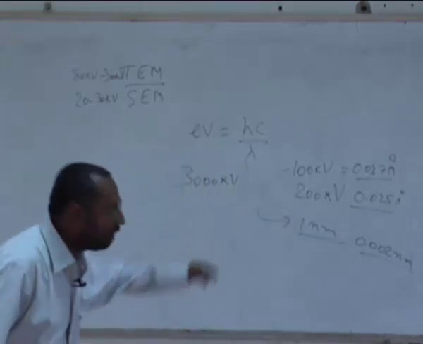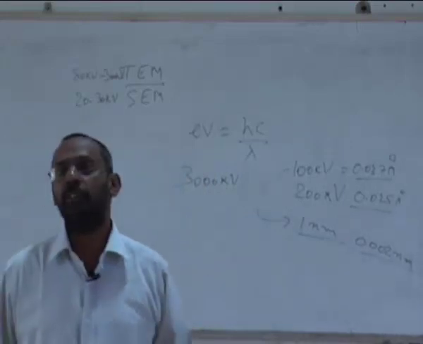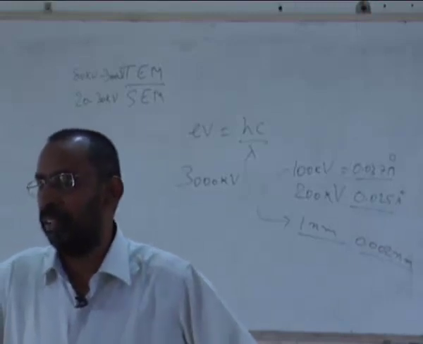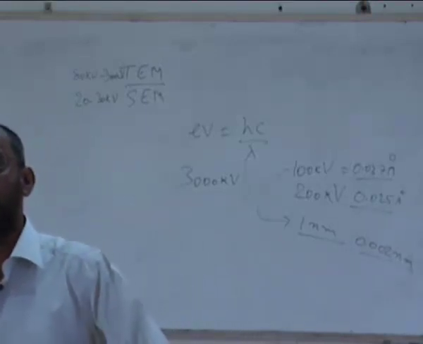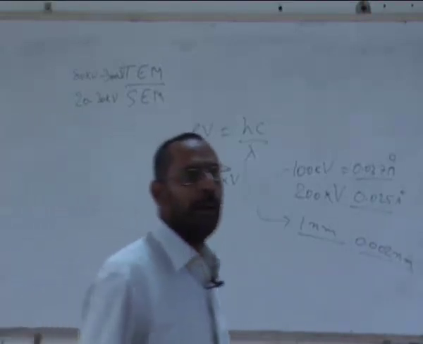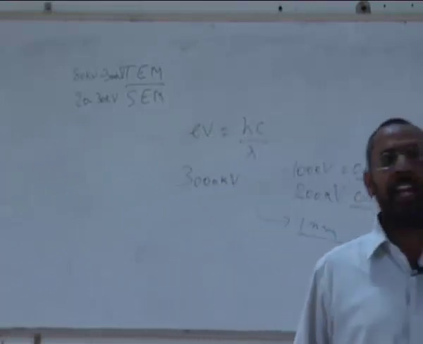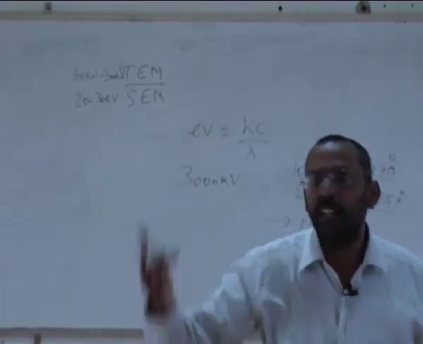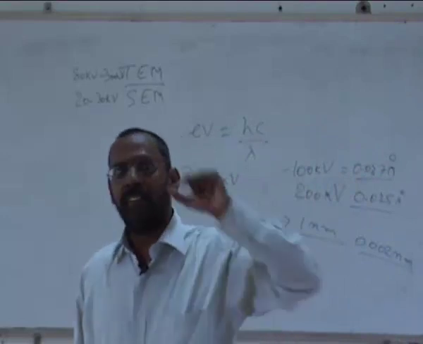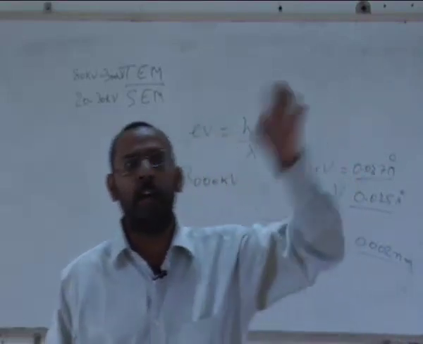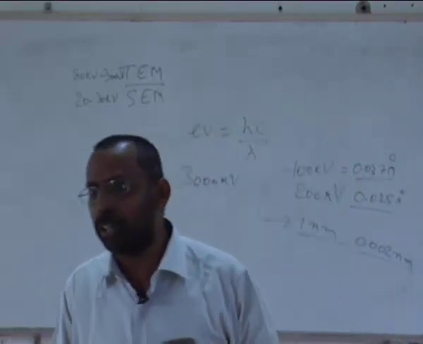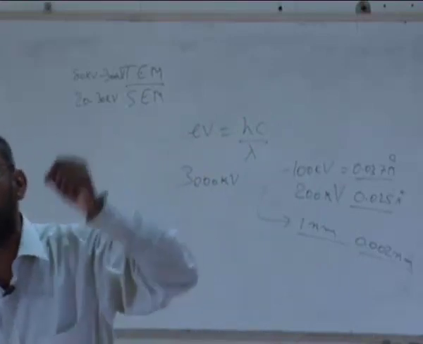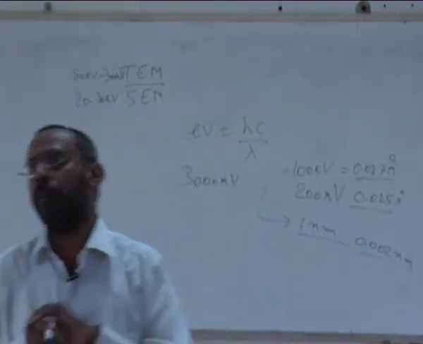But I get this. The reason is there are so many aberrations in these microscopes. Any microscope, the basic principle is that certain radiation is used to image the sample, and this radiation, whether it is optical or electron radiation that I am using, has to be focused on the sample.